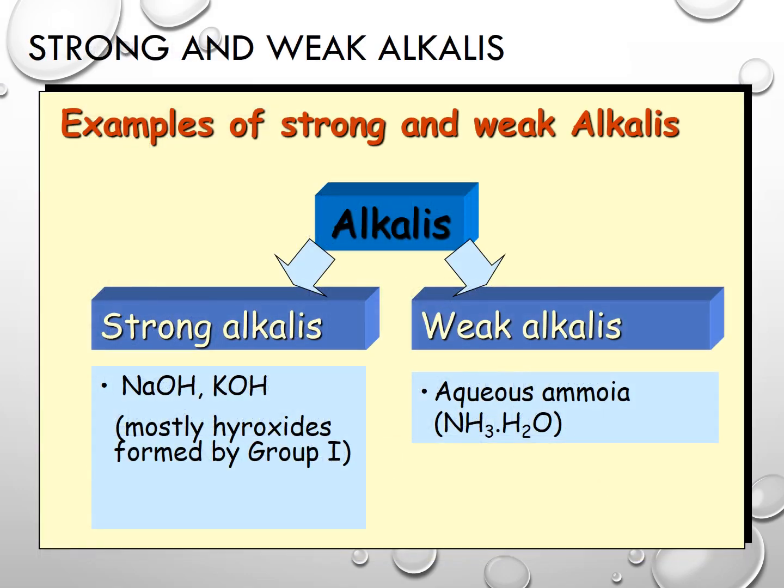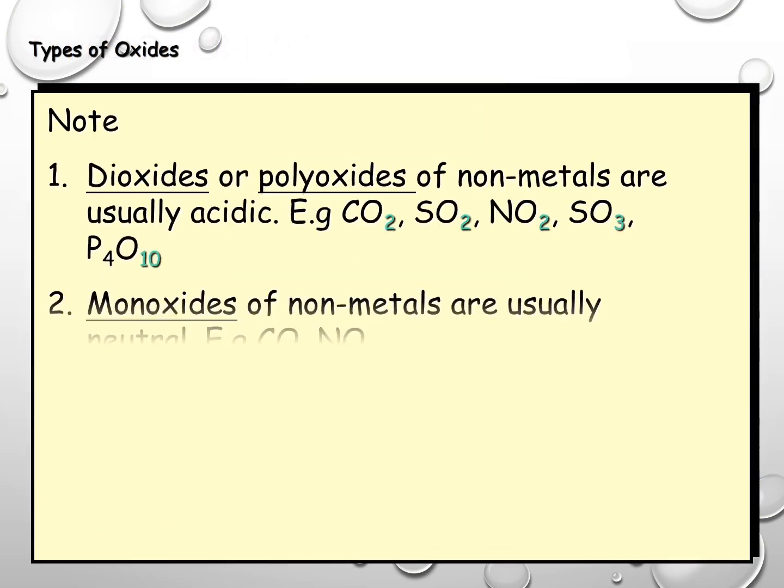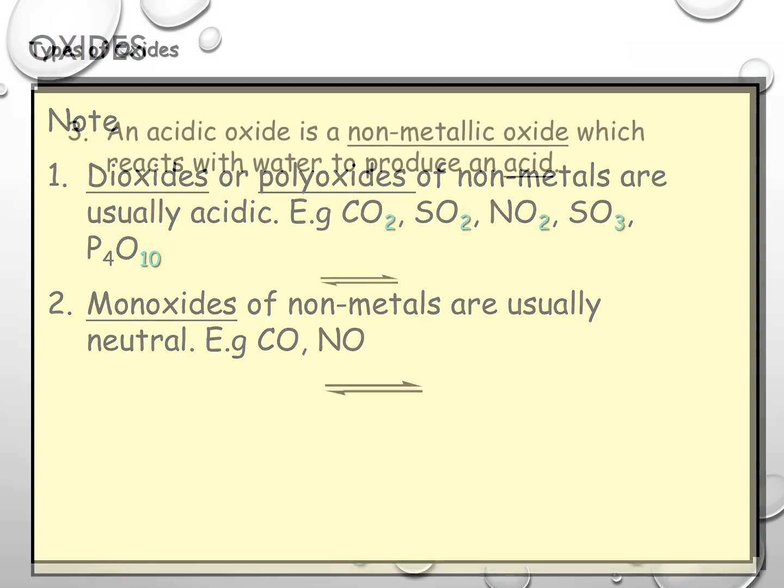Let us now turn our attention to bases and alkalis. Bases are substances that neutralize acids. Most bases are metal oxides or metal hydroxides. Examples include copper(II) oxide and magnesium hydroxide. Alkalis are simply soluble bases.